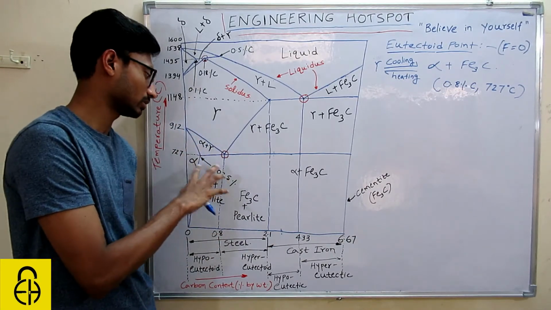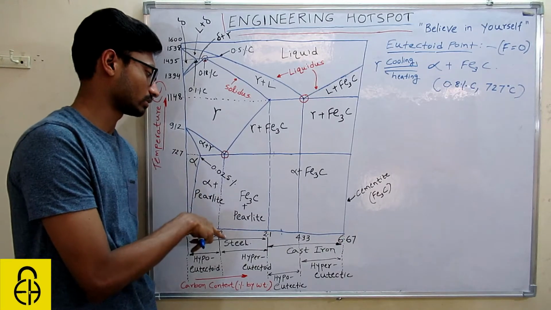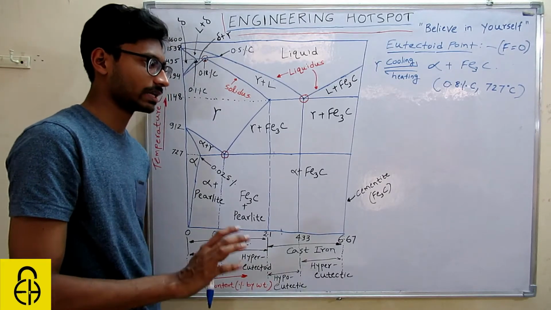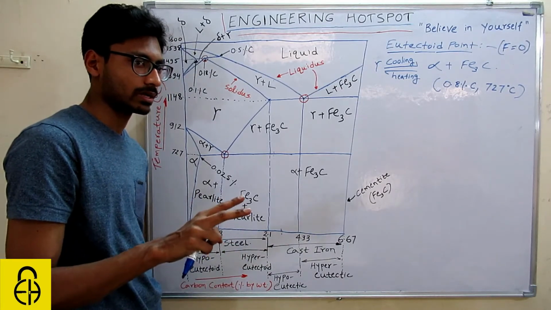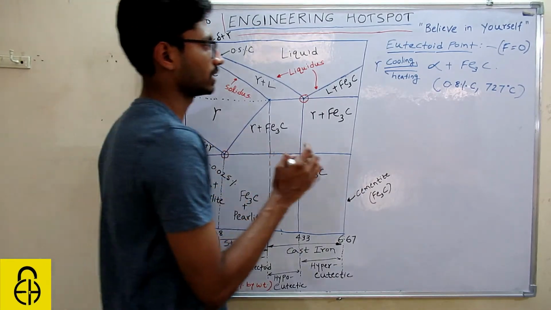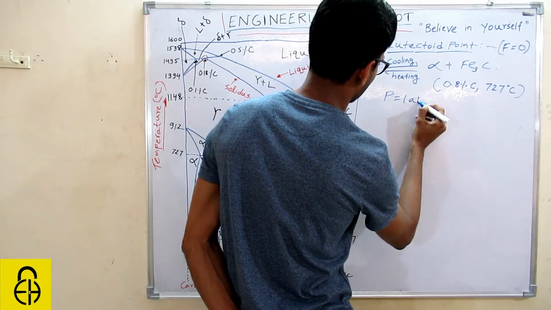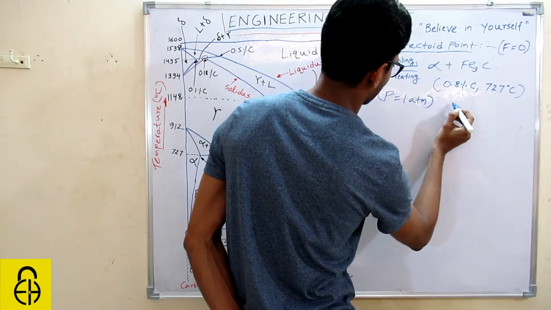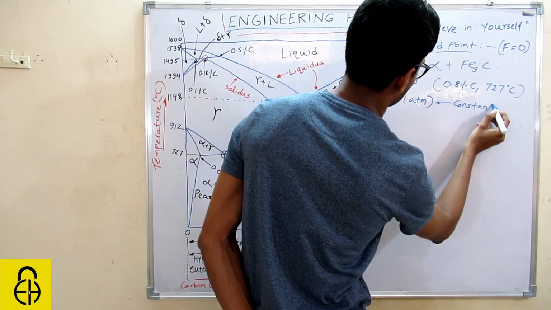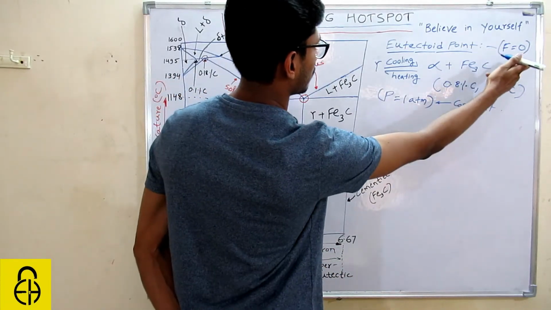If you change either of these, the temperature or the concentration, this point will disappear. So there are only 2 variables, composition and temperature. Remember, pressure is kept constant at 1 atm. We are not changing the pressure.